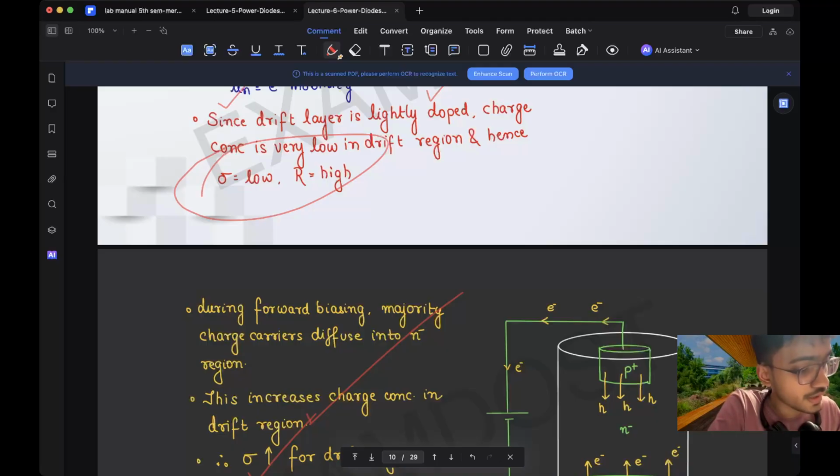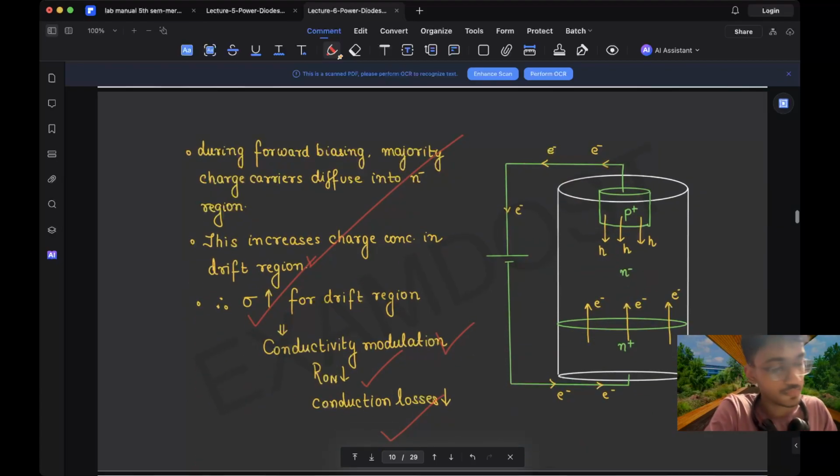So here charge concentration is high in the drift layer, sigma would be high, and the R on will be low.